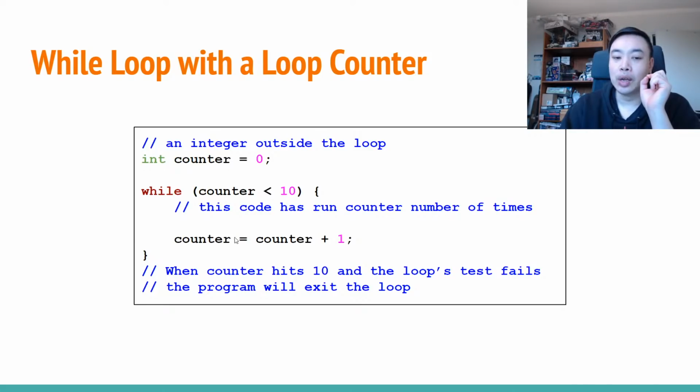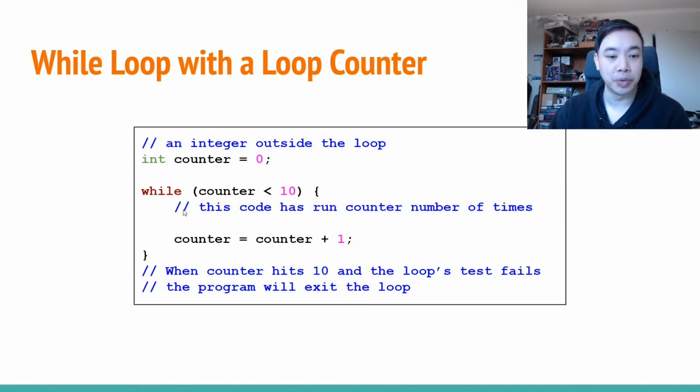When I'm inside the while loop at any time at the start of the while loop, I know that the code has run counter, as in this variable counter, number of times. So the first time I come in here, I know that this code has run 0 number of times, like it has not run before, which lets us read that variable and know how many times the loop has finished before.